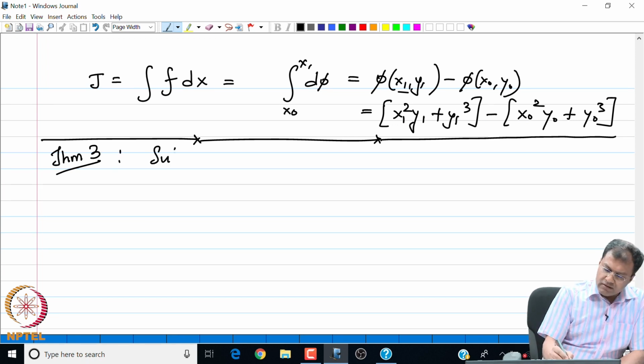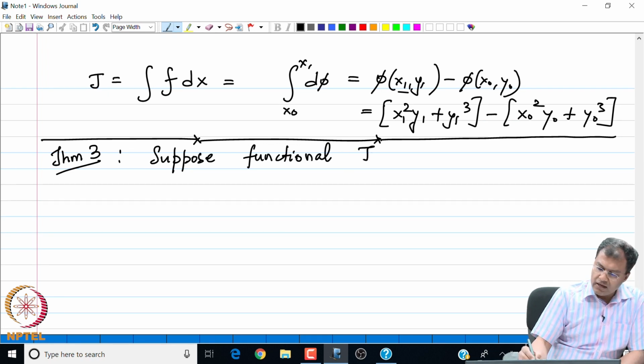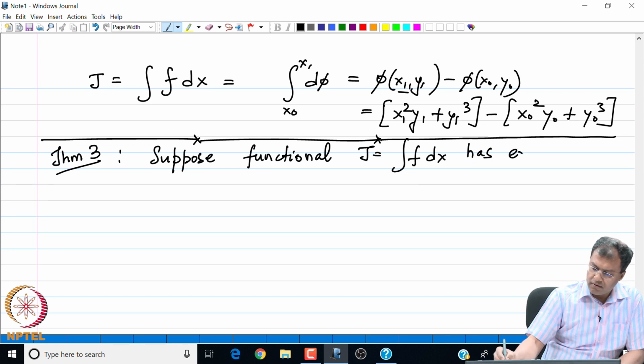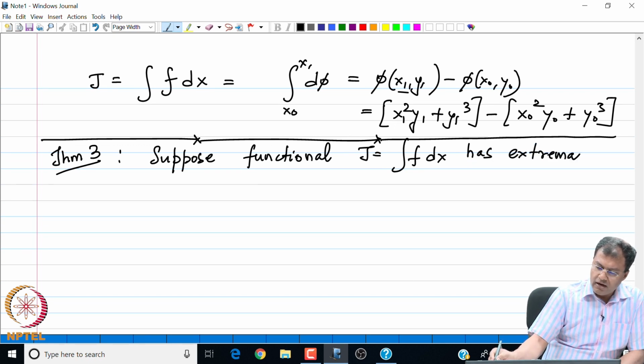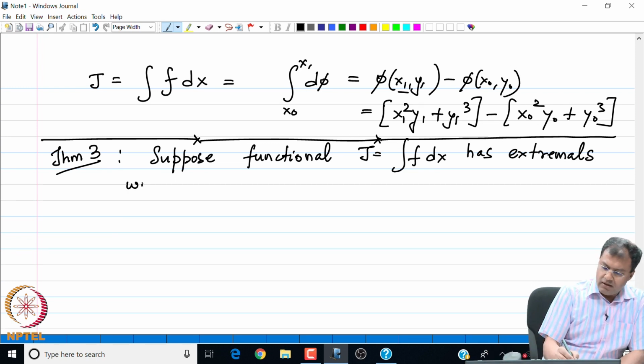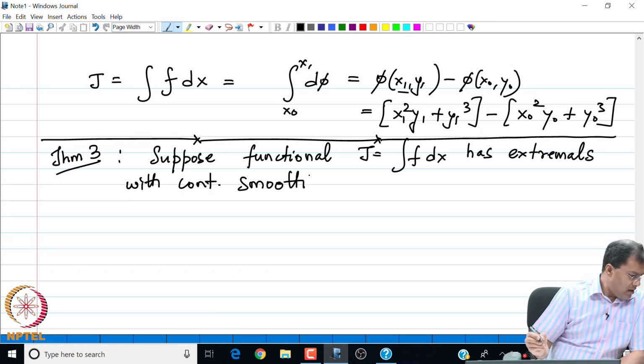The theorem says that suppose the functional J is integral f dx has extremals, the integral J has extremals with continuous and smooth derivatives, right.